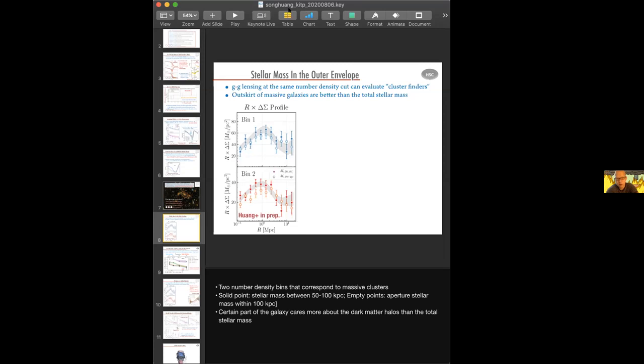People have been using tracers like globular clusters and planetary nebulae, which can be used as kinematic tracers of the halo mass distribution, and people have found some interesting kinematic differences between, for example, red and blue globular cluster populations. But I don't think that clearly shows the edge of the galaxy we want to see.